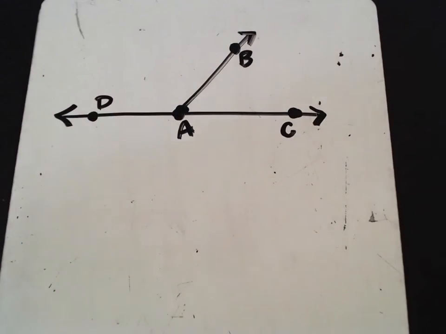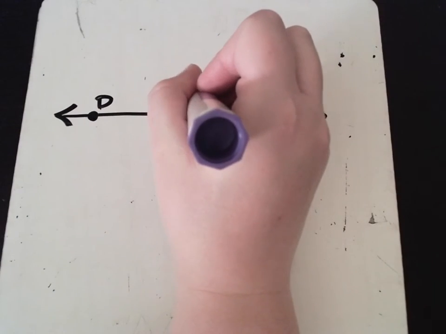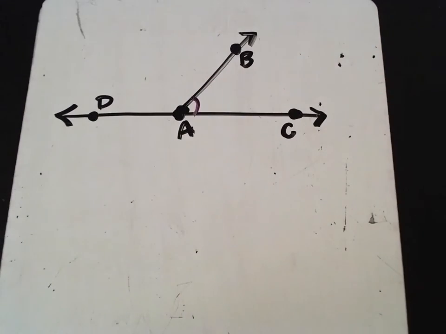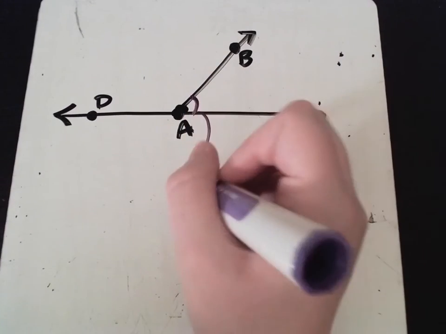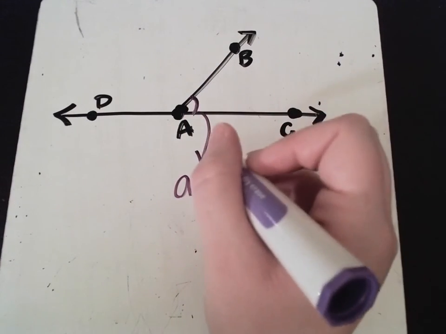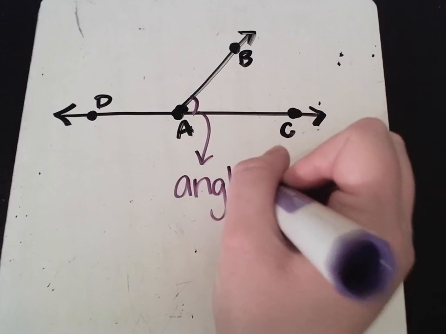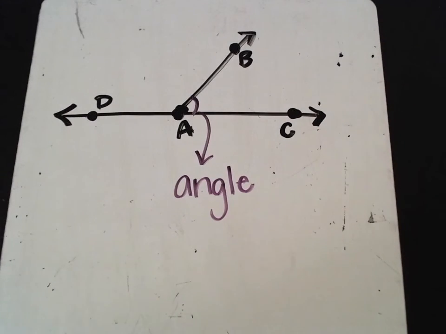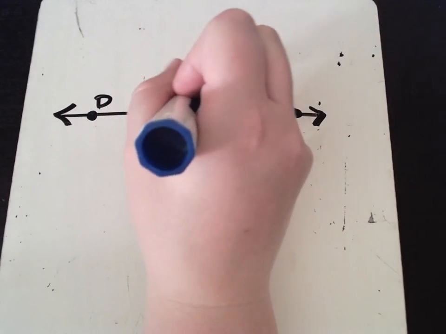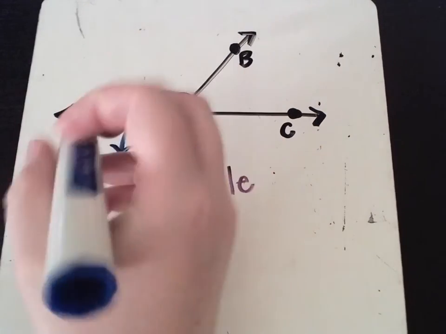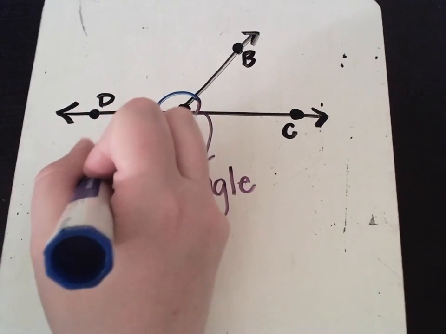Right here in purple, where I drew that symbol, that shows me that's an angle. Now, if that was straight up and down, it would be a right angle, but it's not. It's smaller than a right angle. And then on the opposite side right here, where this ray intersects this line, that's also an angle. That's just a larger angle.